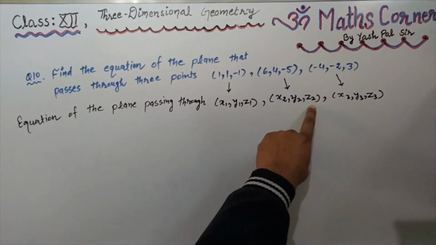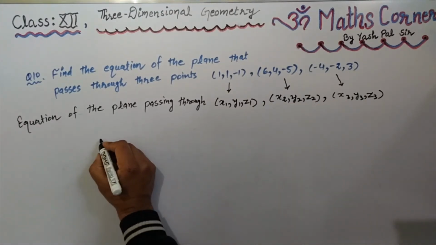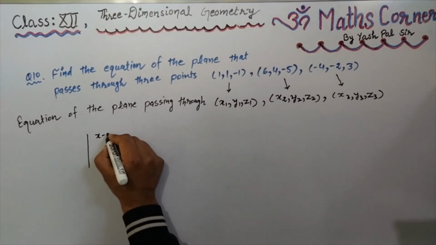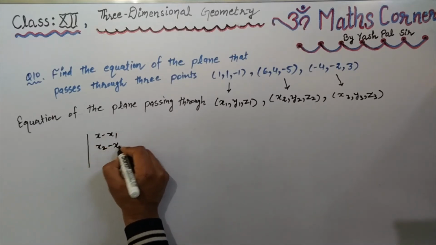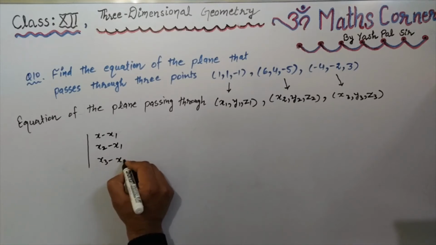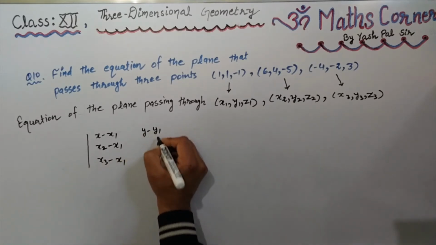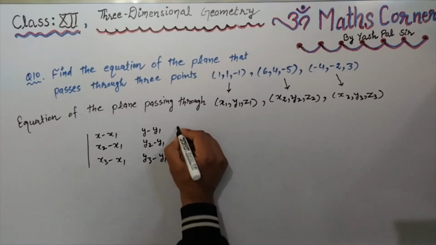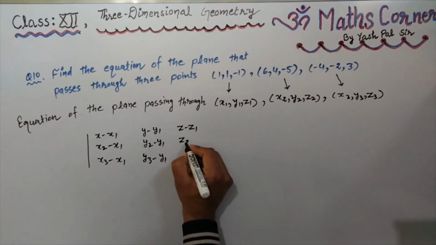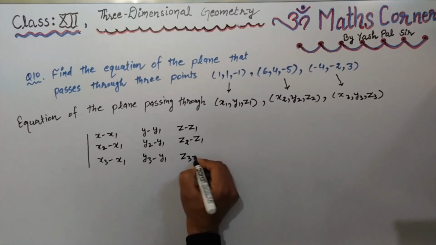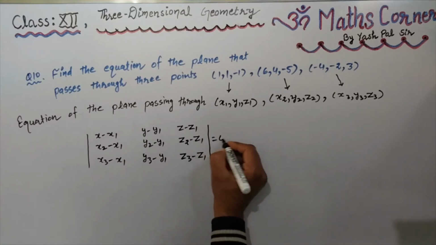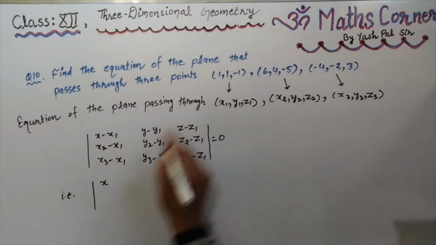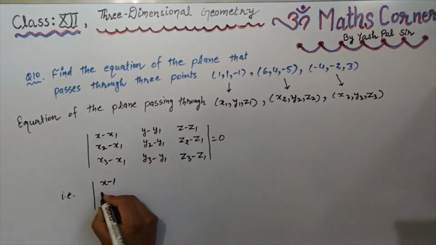Then the formula for the equation of the plane passing through x1, y1, z1, x2, y2, z2, x3, y3, z3 is the determinant of x minus x1, x2 minus x1, x3 minus x1; next is y minus y1, y2 minus y1, y3 minus y1; z minus z1, z2 minus z1, z3 minus z1, is equal to 0.